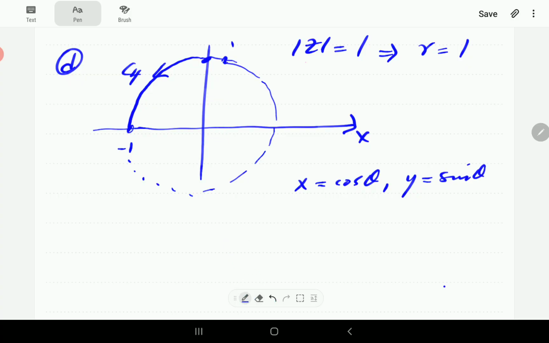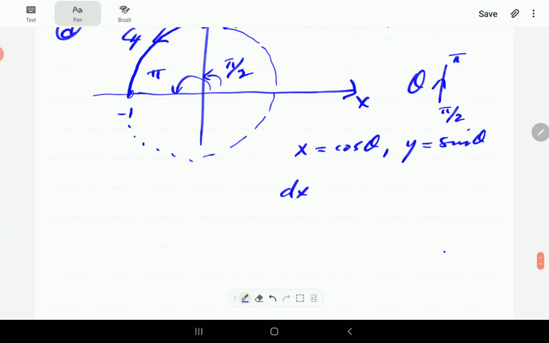Along the vertical axis, this angle is pi on 2, so strictly radians this time for these calculations. And along the horizontal axis where -1 is, theta is pi. So in terms of integration limits, we're going to go from pi on 2 to pi.